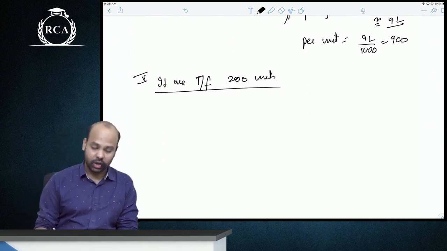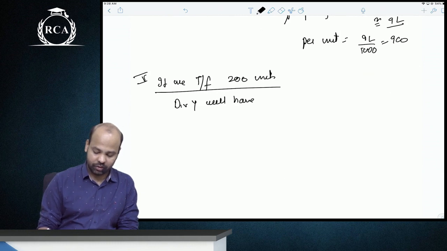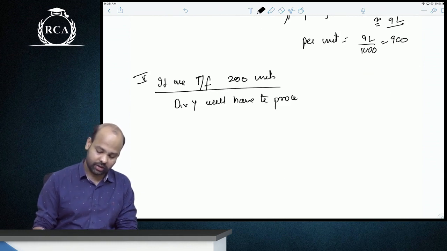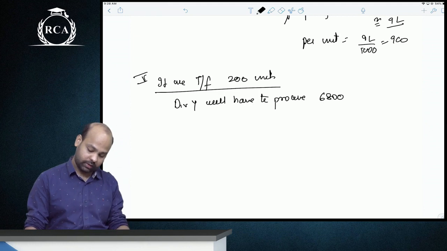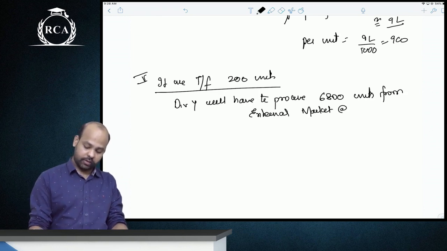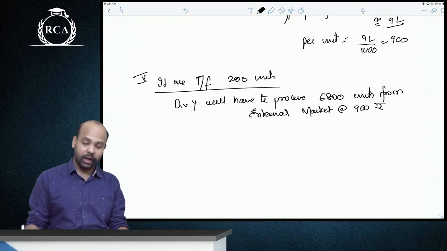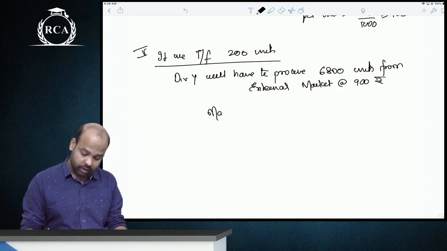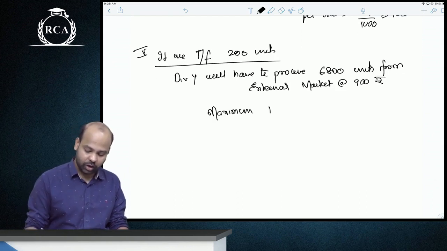If we transfer 200 units, beta, division Y will have to procure 6,800 units from the external market, and that would be at a price of 900 rupees. Let us not forget, beta, that their maximum procurement cost cannot exceed 63 lakhs.